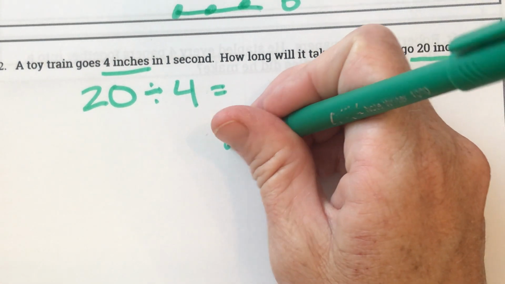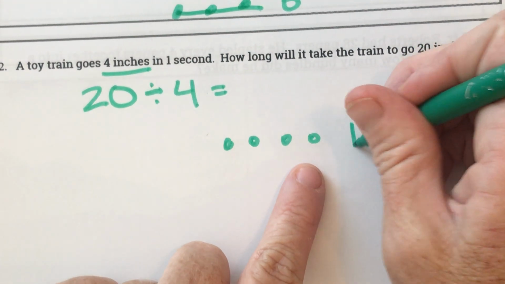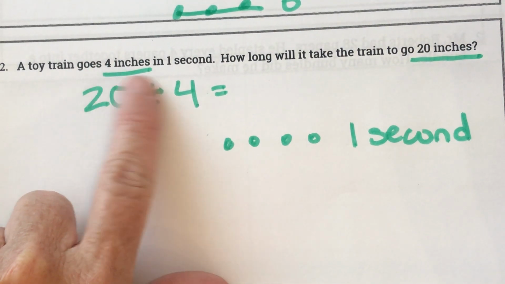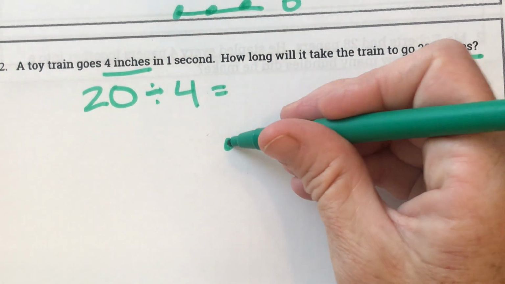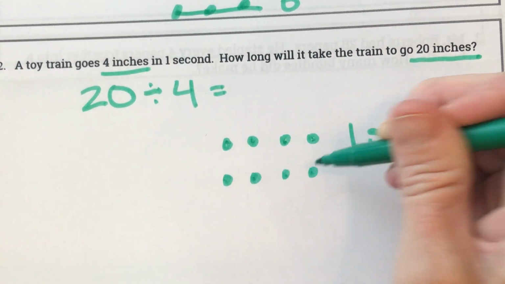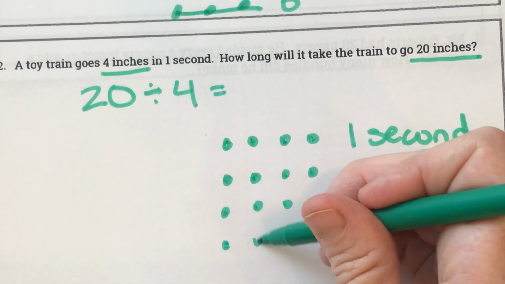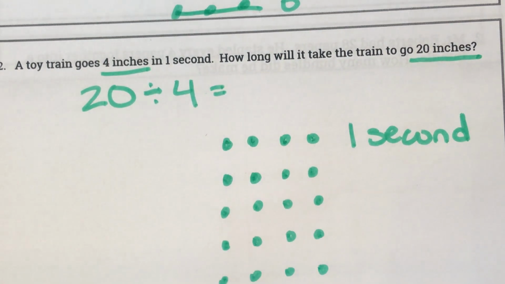So we have 1, 2, 3, 4. Those 4 inches are in 1 second. That's what they told us. And we want to see how long it takes to get to 20. So we had 1, 2, 3, 4, 5, 6, 7, 8, 9, 10, 11, 12, 13, 14, 15, 16, 17, 18, 19, 20.